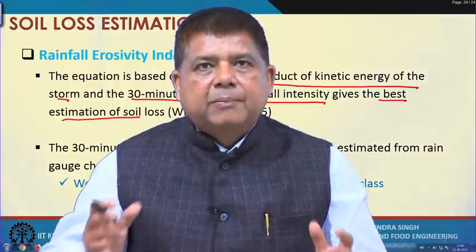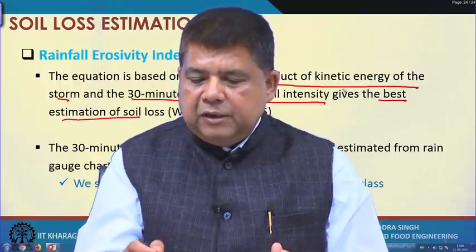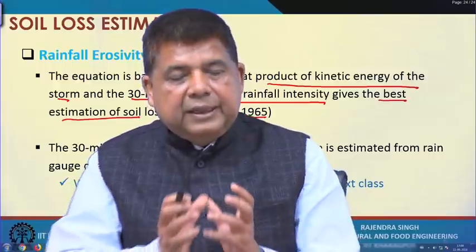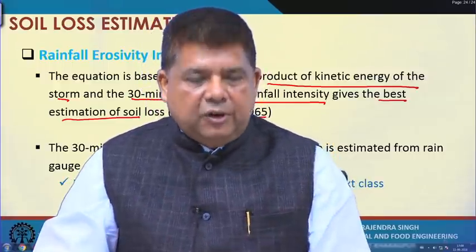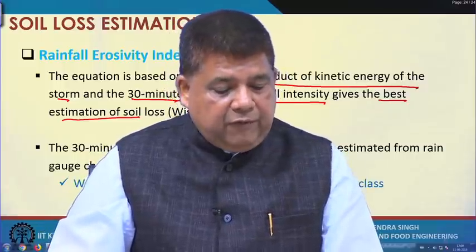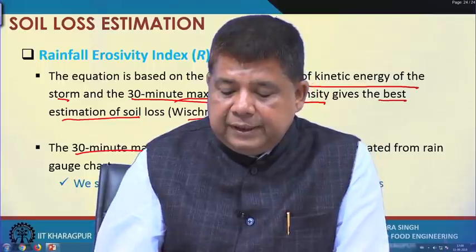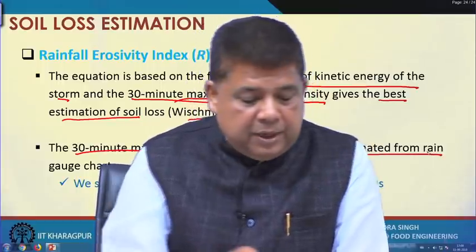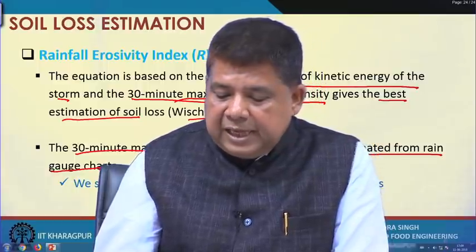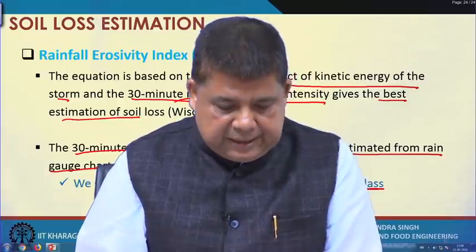After conducting a large number of experiments, Wischmeier found that this product gives the best estimation of the soil loss, and that is how the rainfall erosivity was defined. The 30-minute maximum rainfall intensity, I30, is estimated from rain gauge charts, and we shall discuss the procedure to find I30 probably in the next class.